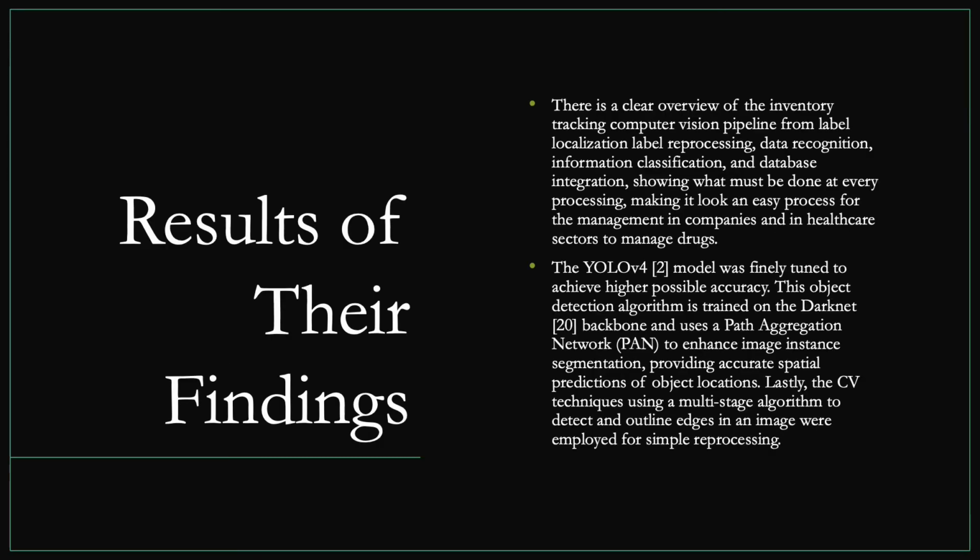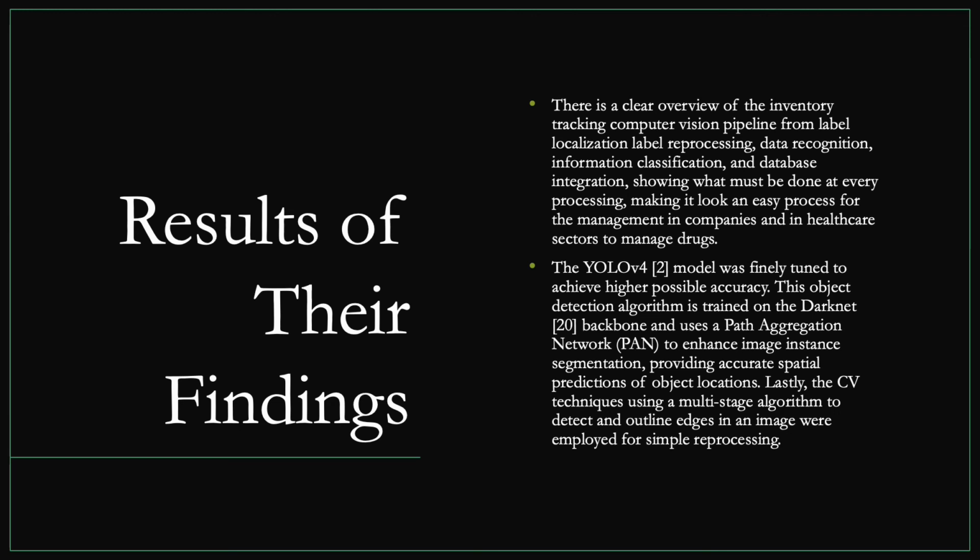Results. Initially we have a clear overview of the inventory by following all the sequential processes, which include label processing and localization, data recognition, information classification and database integration. Processing every single step will make it easy for management in companies.